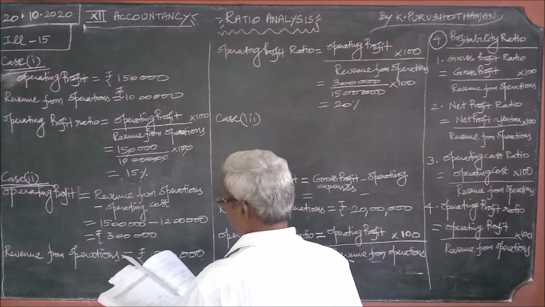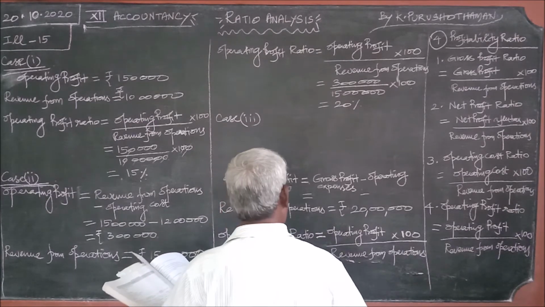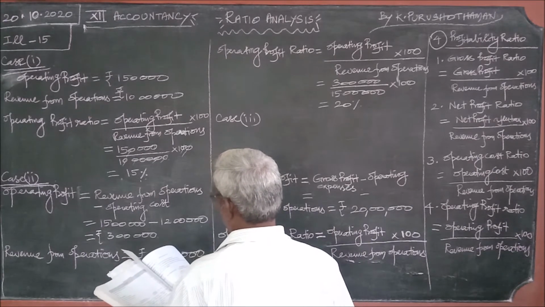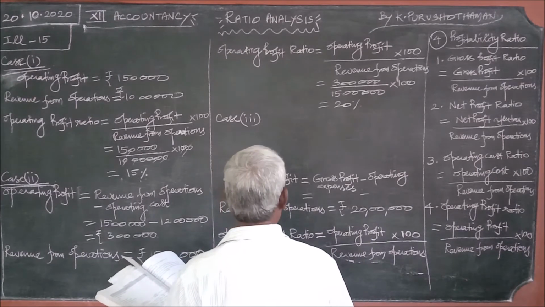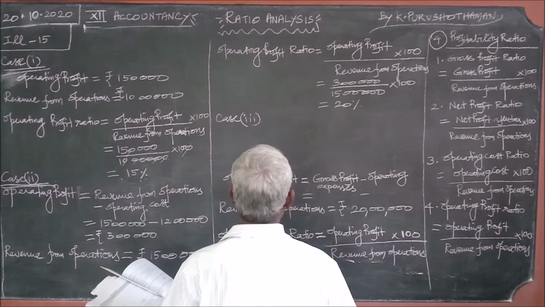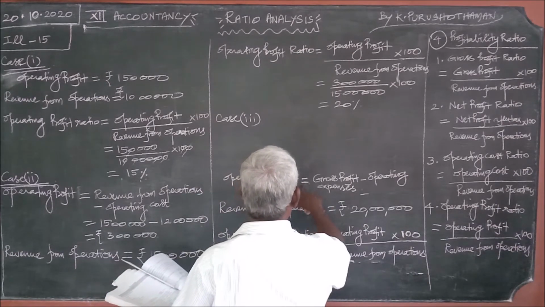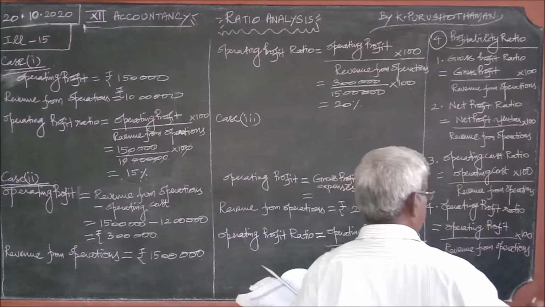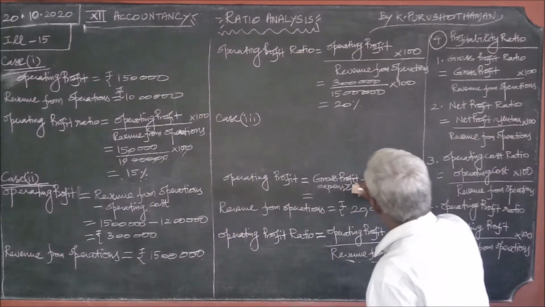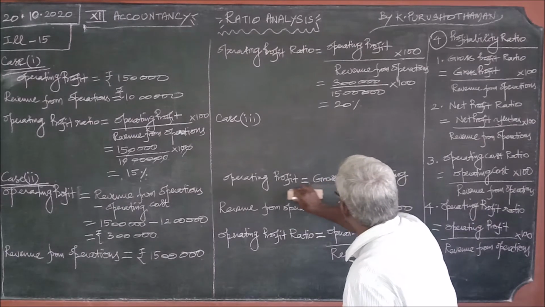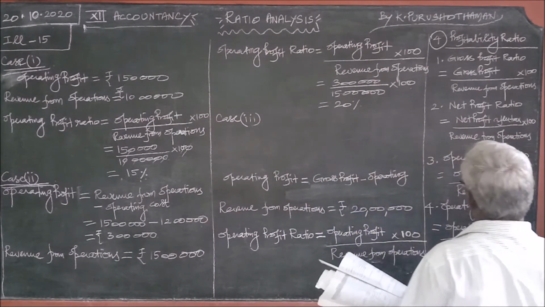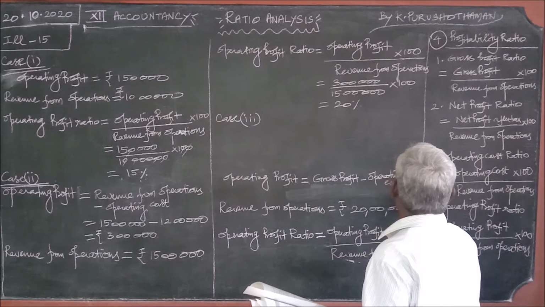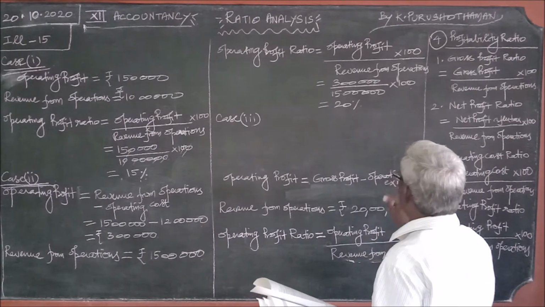So you see that in case 3, revenue from operations is 20 lakhs, and gross profit is 30% on revenue from operations. To find the operating profit, we need gross profit and operating expenses. Operating expenses we know.